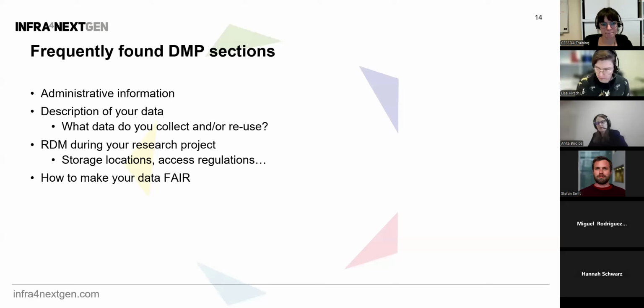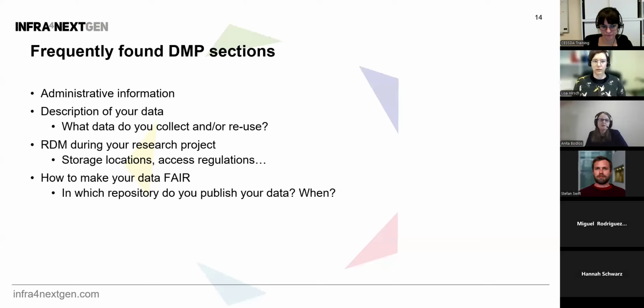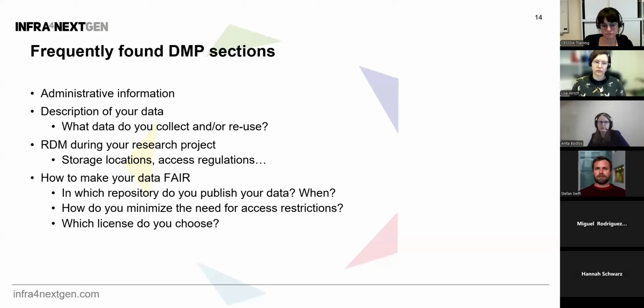And then the larger section usually is how to make your data FAIR. So for instance, in which repository do you publish your data? When will you publish your data? At the end of the research project, as soon as this is ready, or along with your data publications. So these are all questions that can and should be answered in this section. How do you minimize the need for access restrictions is also an important aspect.